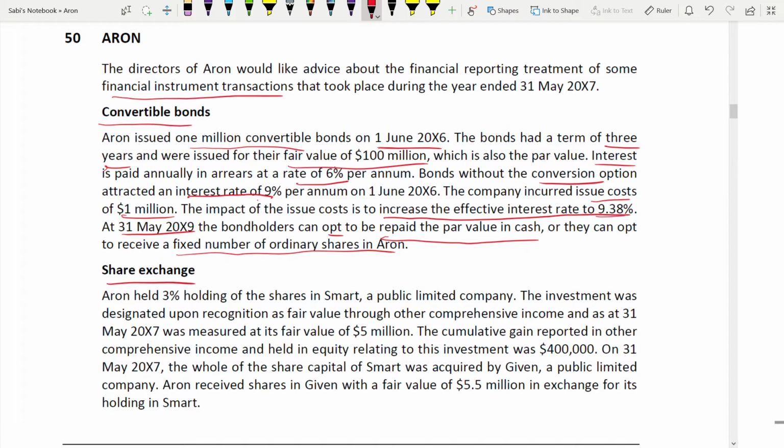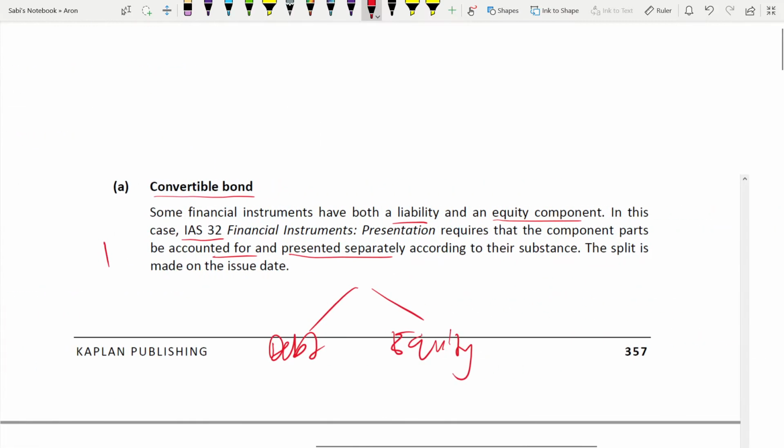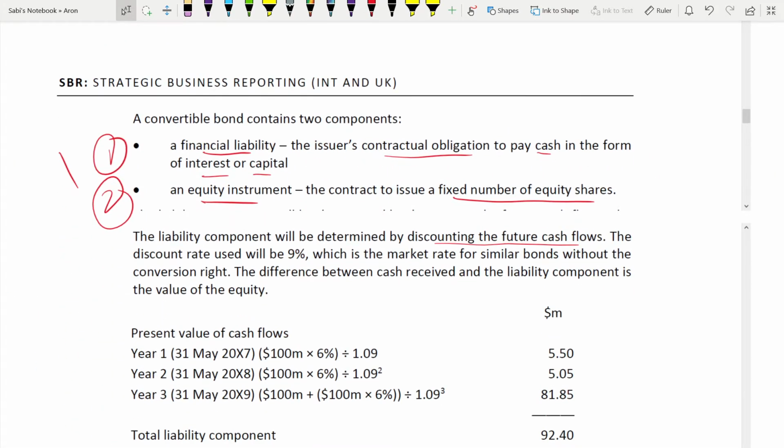Between 6 and 9% is the question. 9% is without the conversion option, 6% is with the conversion option. It is 9%. You should take the 9% as the discount factor. Always your discounting factor will be the rate which is without the conversion option. Remember this. Today, remember this. Okay? I hope you'll remember this. So it's 9%.